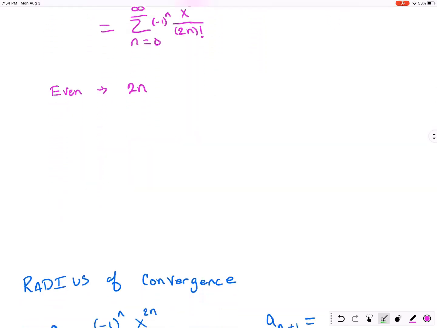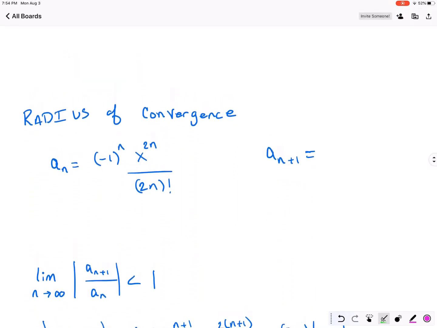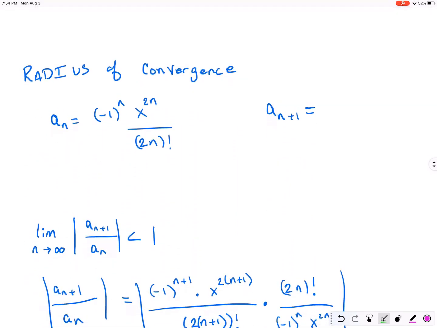Now the second part asks us to find the radius of convergence. So my a sub n is equal to the minus 1 raised to the n times x to the 2n divided by 2n factorial. And my a sub n plus 1 would be minus 1 raised to the n plus 1 times x to the 2 times n plus 1 divided by 2 times n plus 1, and then be careful here, the whole thing is factorialed.